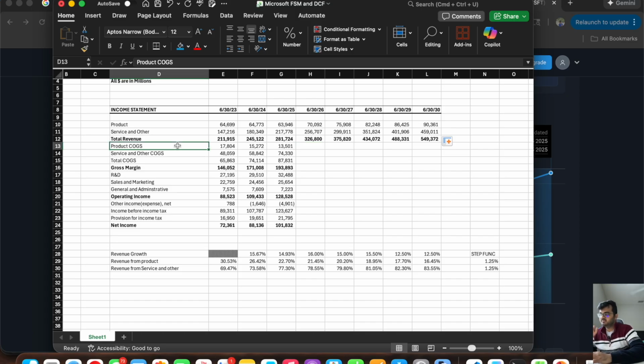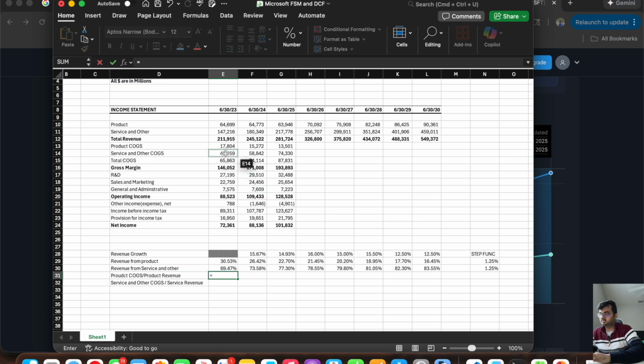Again, I would evaluate the COGS of product alone. We have it in numbers, but I would like to see it in percentage. That makes more sense: product COGS by product revenue. And similarly, I will do service and other COGS by service revenue, and see what the trend looks like.